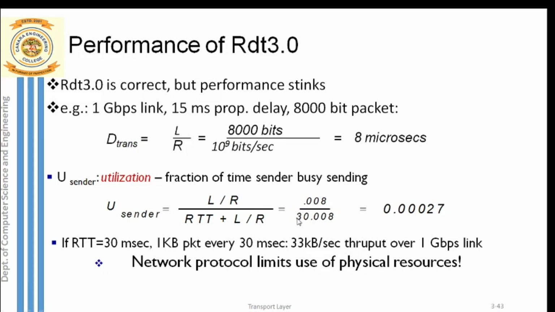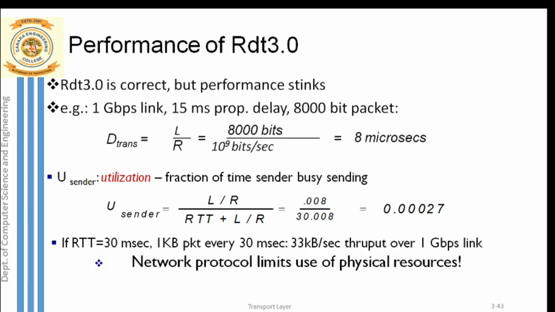Out of 30.008 milliseconds, only 0.008 milliseconds is actually utilized by the sender for transmission. If you convert it into a percentage, it is only 2.7% of the link that is utilized by the sender.